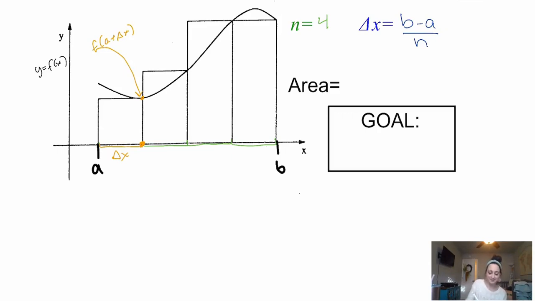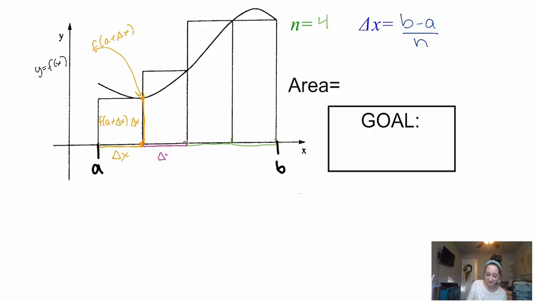And so my area is going to be this y value, this height, times delta x. So my area is going to be f of a plus delta x, that's the height, times my base, which is delta x, okay? All right, let's keep going with that little formula here, so that pattern.